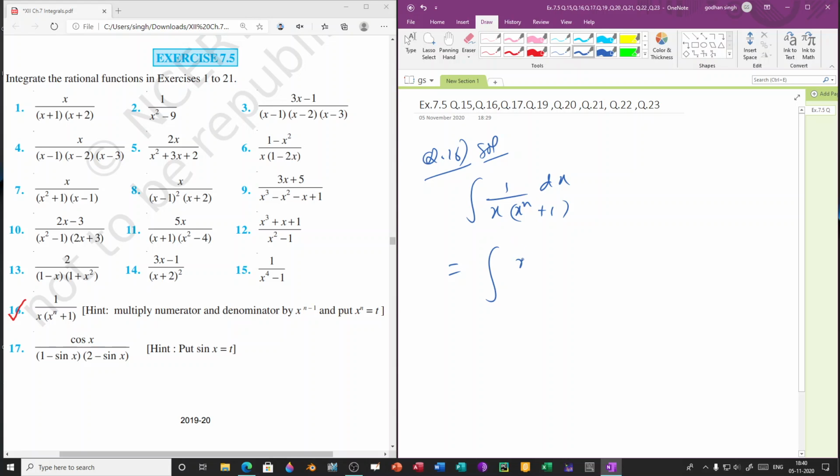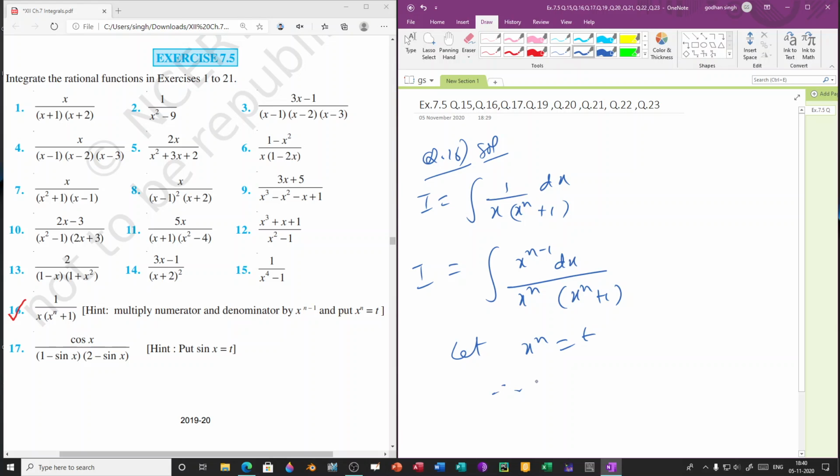So we will get x raised to n minus 1 dx over x raised to n minus 1 into x, which becomes x raised to n into x raised to n plus 1. Let this be our I. Let x raised to n equal to t.